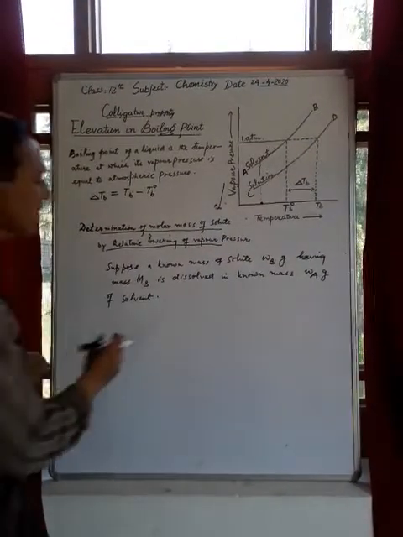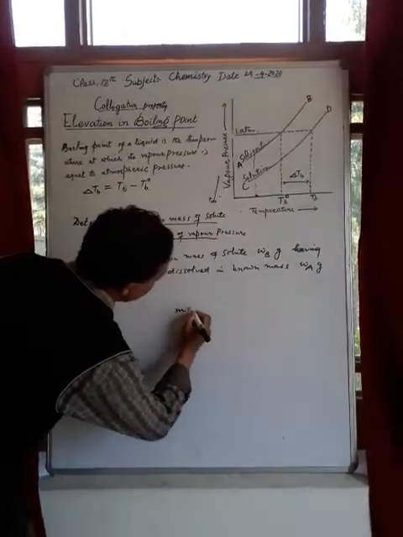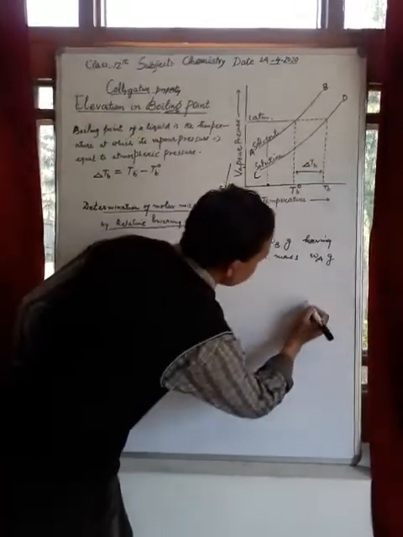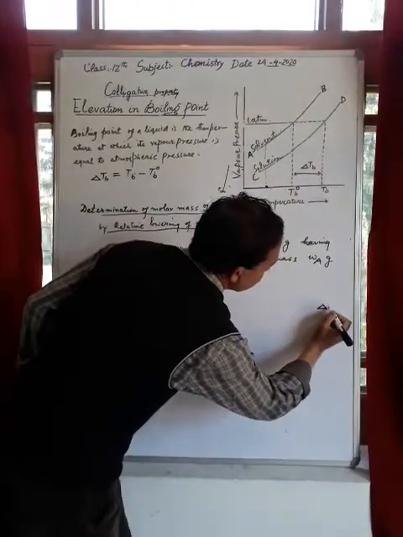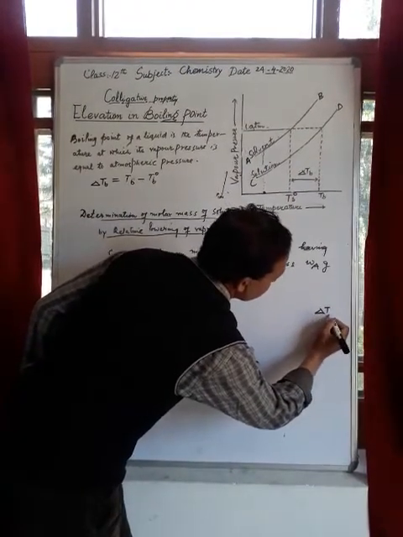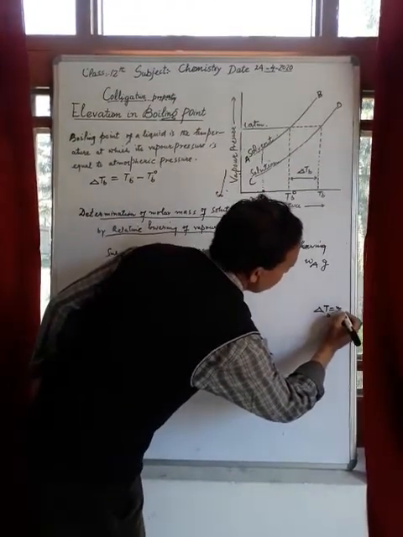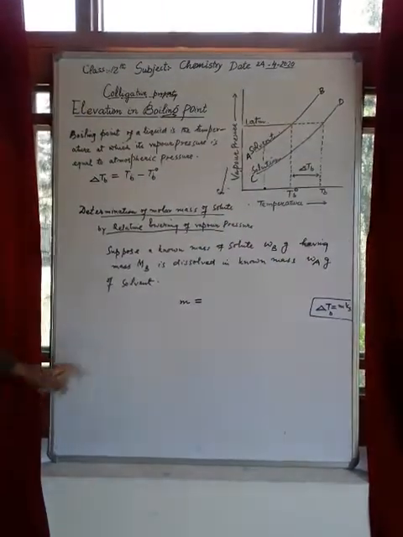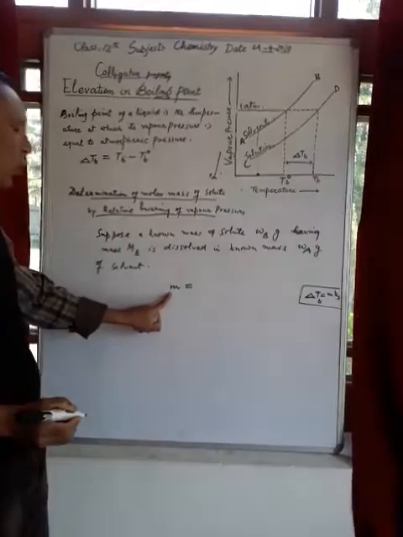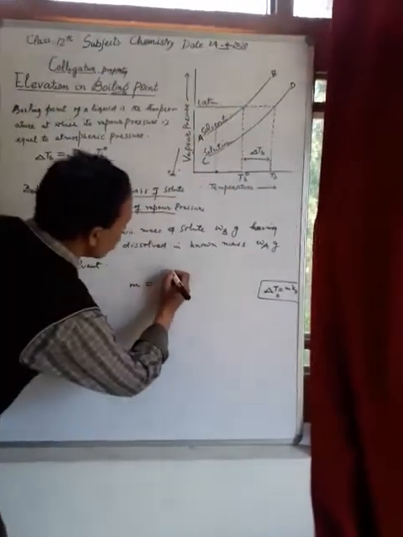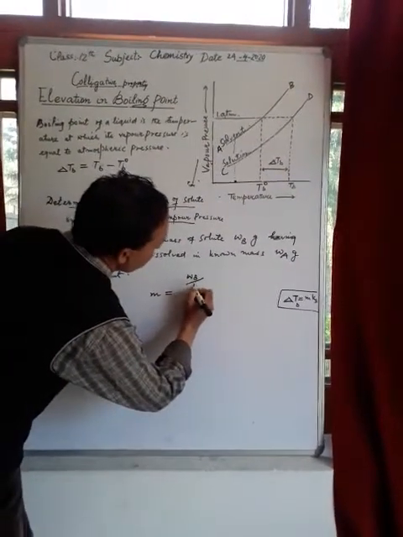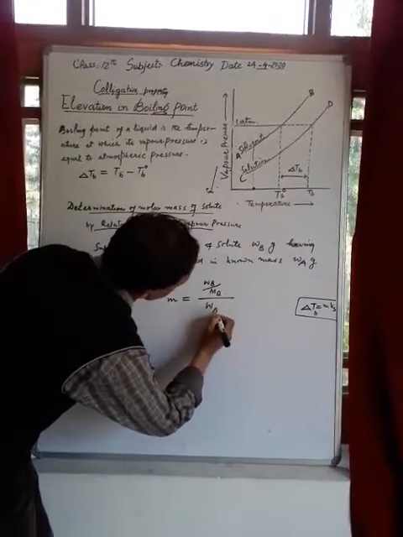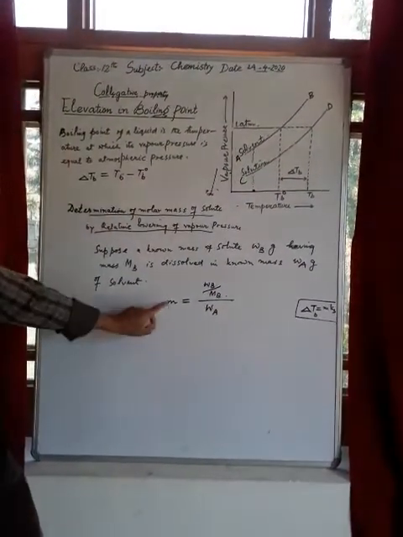Then we can write molality. Here we will keep the equation: del TB is equal to mKb. So we can write molality as WB by MB divided by WA. What is molality?